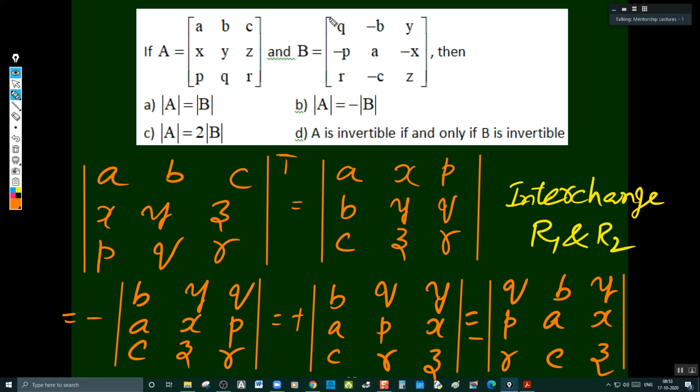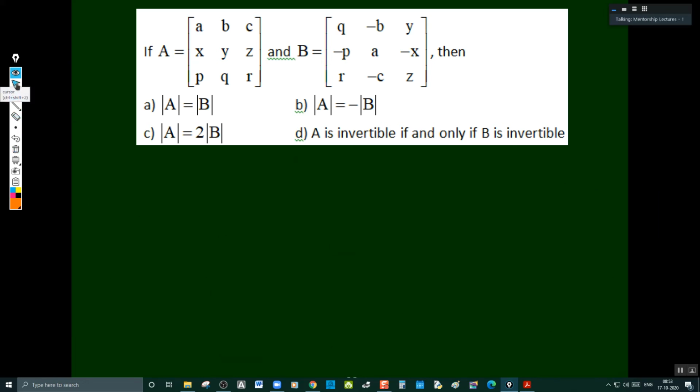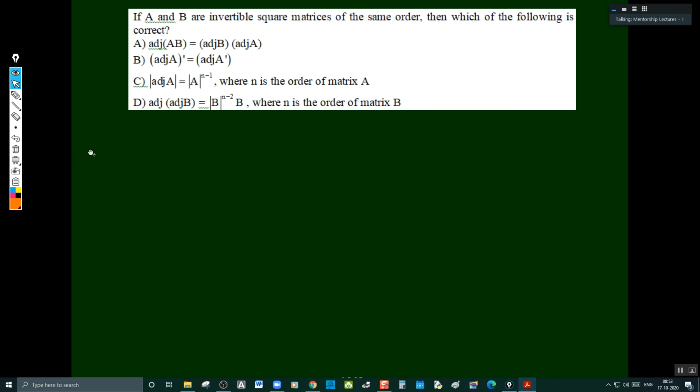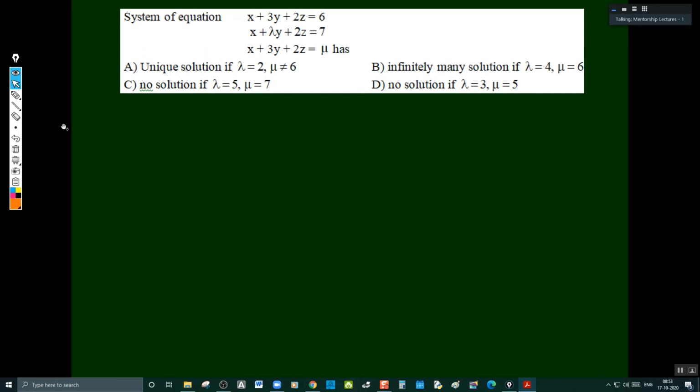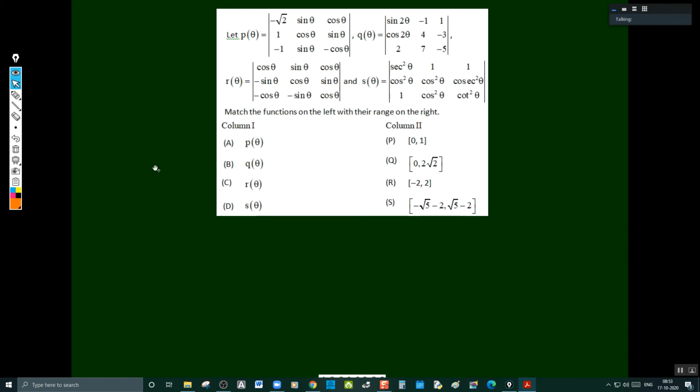He has adjusted the minus inside the elements and it is arranged like that. So that is why I want to revise the concept or property that when two rows or two columns in a determinant are interchanged, the value changes its sign. Remember that. Okay.